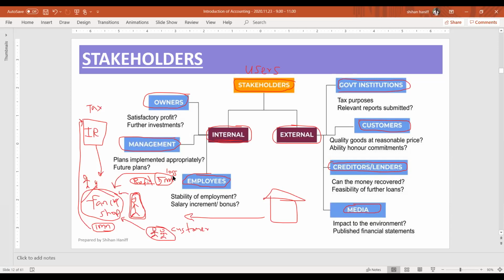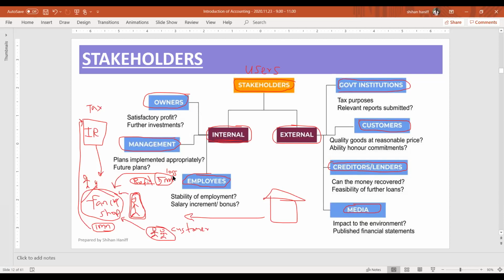What is an economic decision? Selecting the best option available. So he will stop investing more in the business. He can start something else. That is his economic decision.